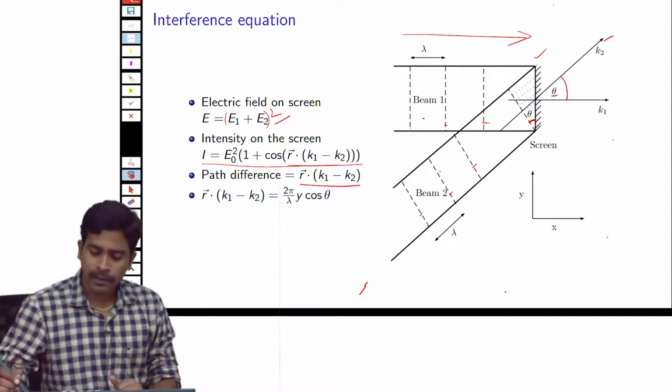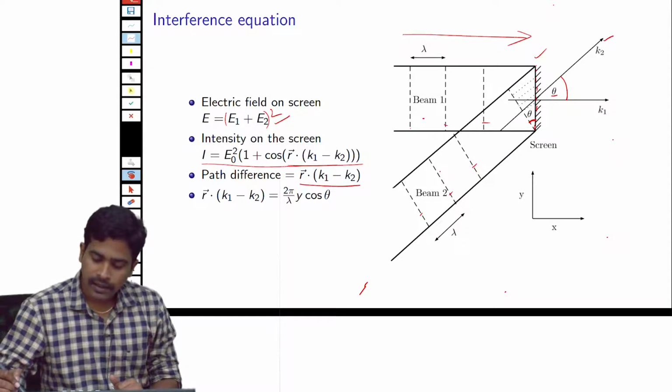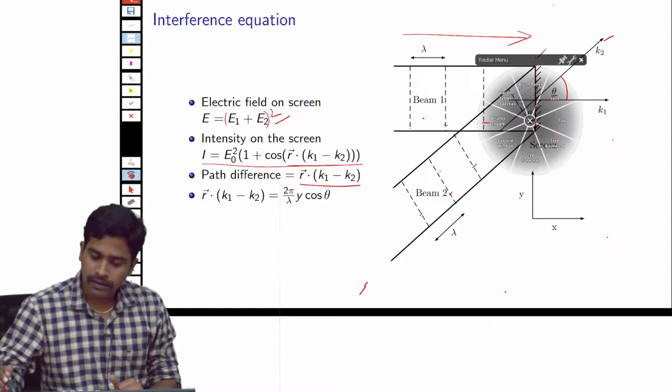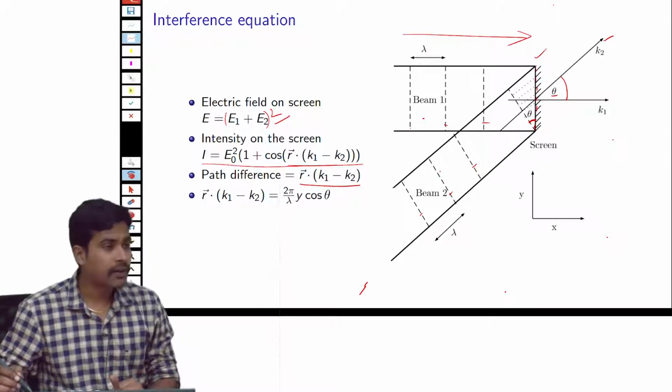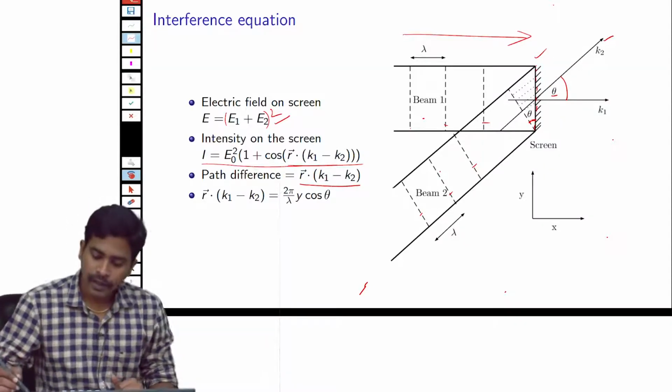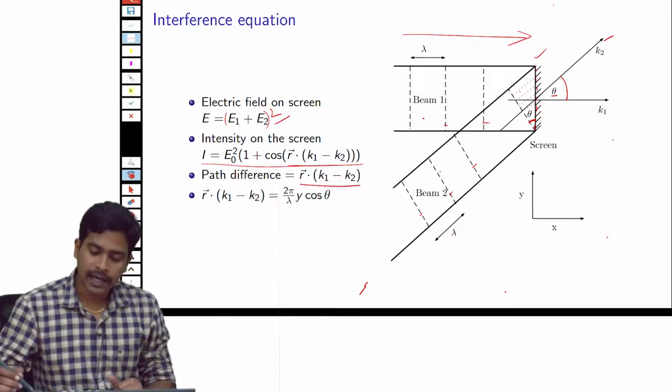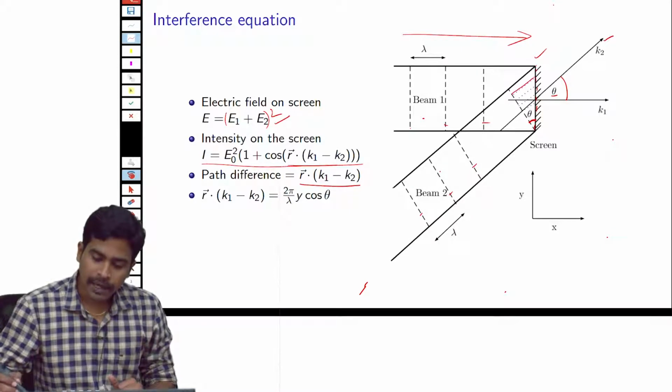But on the screen, there is a phase shift between plane wave 1 and plane wave 2, and that phase difference can be calculated by calculating the path difference between the two plane waves, which I am highlighting in this red color.